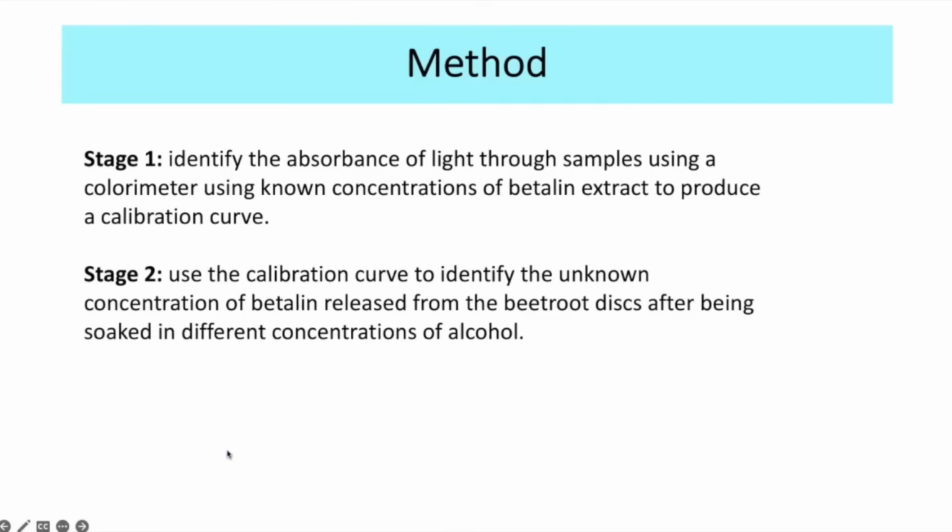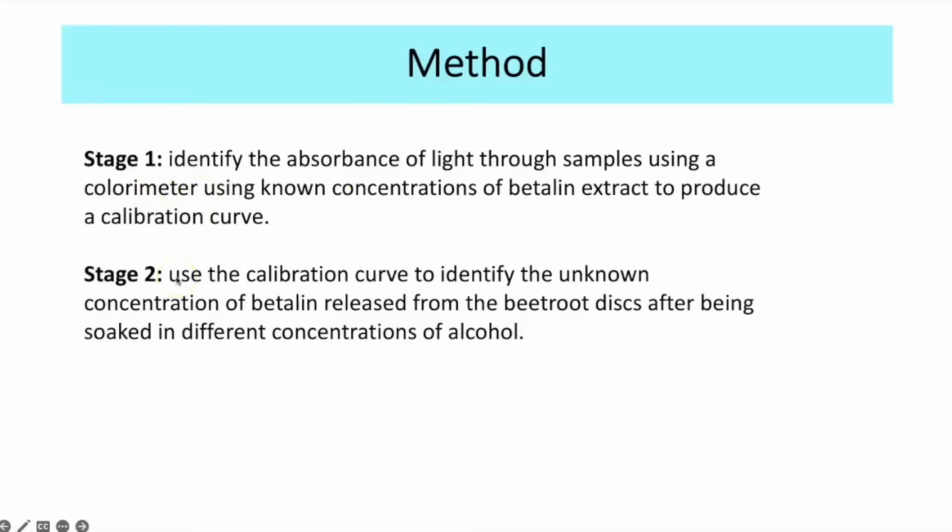So for this method, it's split into two stages. First of all, we need to identify the absorbance of light through samples using a colorimeter. So this required practical does use a colorimeter to turn qualitative observations of colour into quantitative values, which are absorbance of light. And we can then use that quantitative data to create a calibration curve.